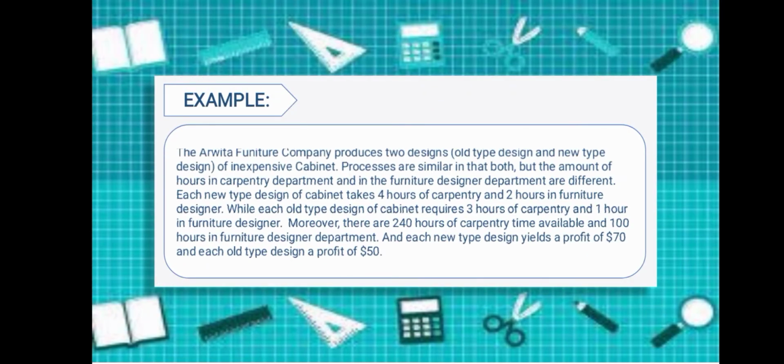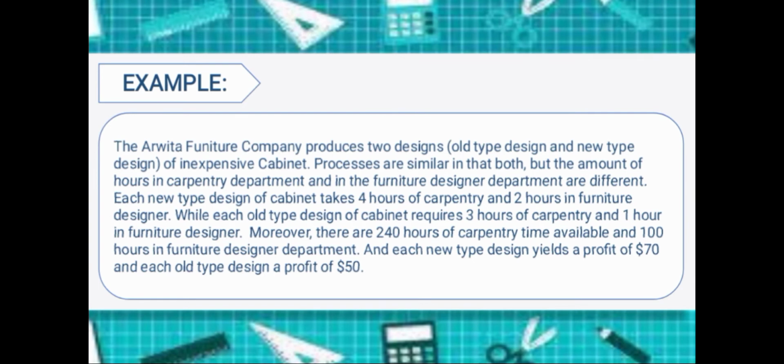So, for example, the Arweta Furniture Company produces two designs, the old type design or 90s design, and the new type design or 21st century design of an expensive cabinet. Processes are similar in both, but the amount of hours in the carpentry department and in the furniture designer department are different.